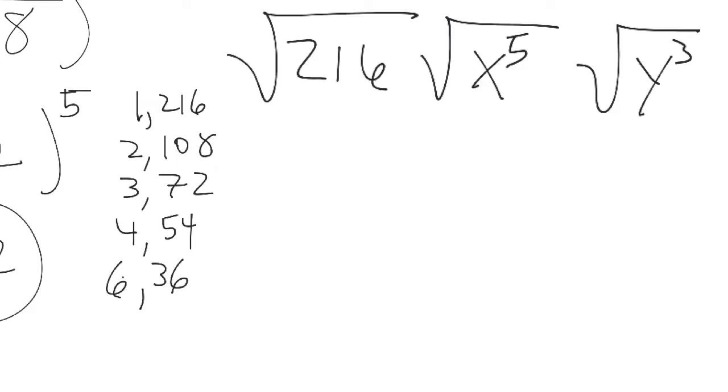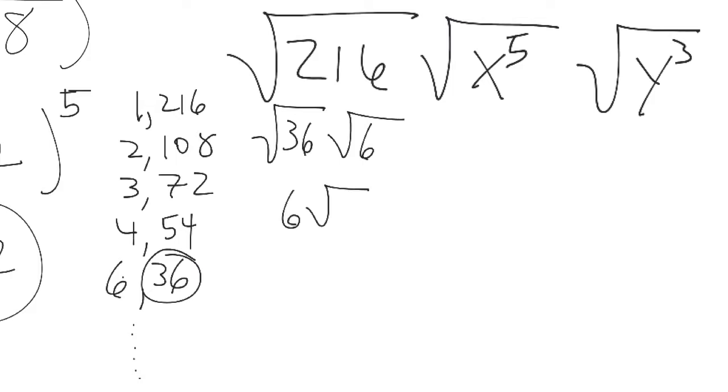And then it's going to keep on going. There's lots more factor pairs, but I don't think I'm going to get any larger than 36 as a perfect square factor. So I'm going to rewrite square root of 216 as the square root of 36, that's my perfect square factor, and 6. Simplifying, we get 6 square roots of 6.